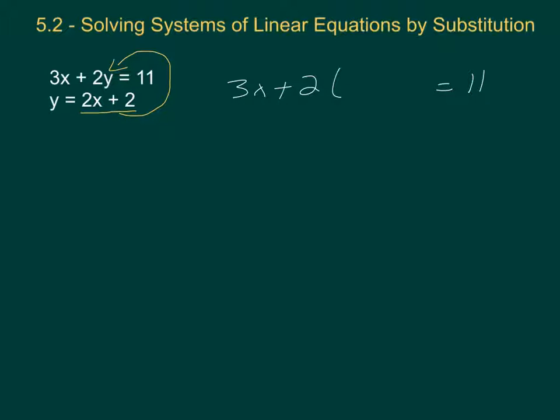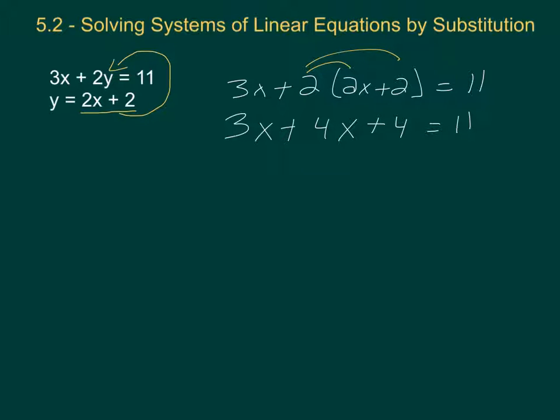So I'm going to rewrite that equation out. 3x plus 2y equals 11, but I just said I can replace y with 2x plus 2. Now I'm going to distribute my 2. I'm just solving this equation out because now it's an equation in one variable. So I still have my 3x, plus 4x plus 4 equals 11.